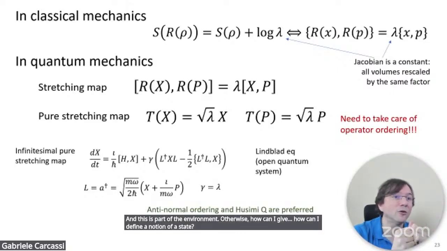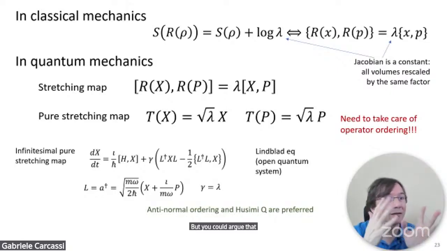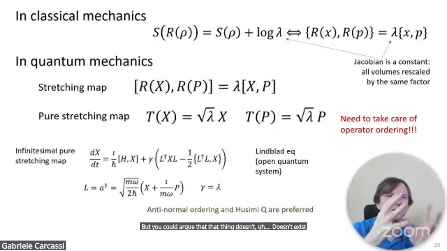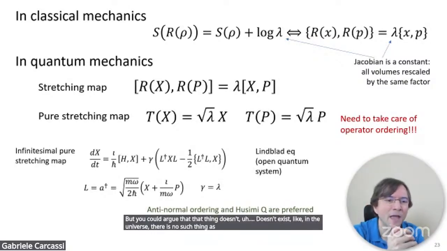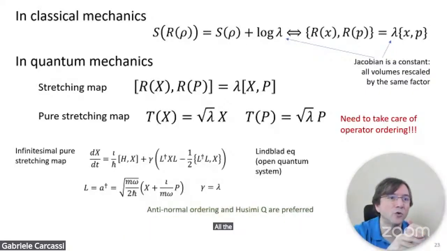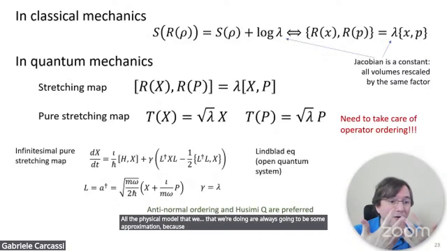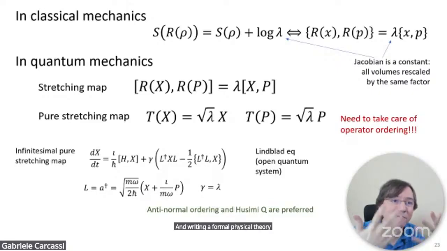But you could argue that that thing doesn't exist. In the universe, there is no such thing as this sharp division. And then you would be arguing that all the physical models that we're doing are always going to be some approximation, because in the process of describing and writing a formal physical theory, we have to make that assumption.